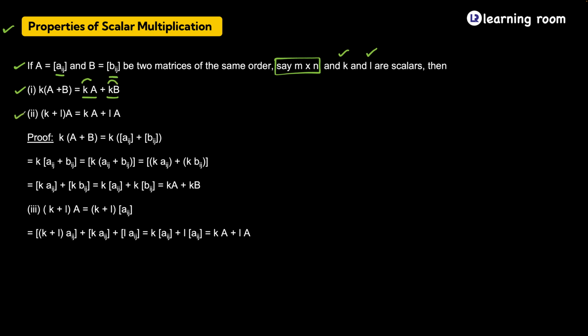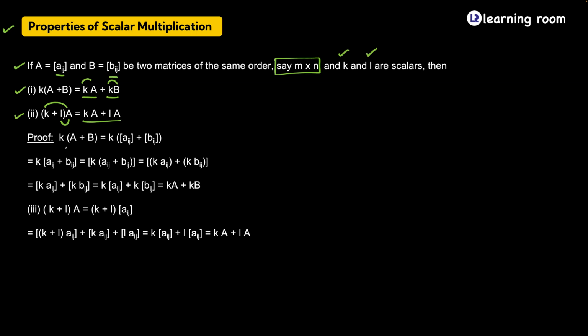Similarly, when you talk about (K plus L) into A, then K will get multiplied with A and L will get multiplied with A. So it is going to be Ka plus La. The proof is very similar to what we saw in matrix addition.